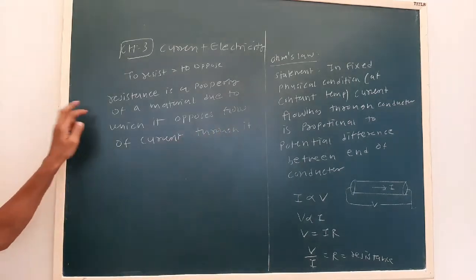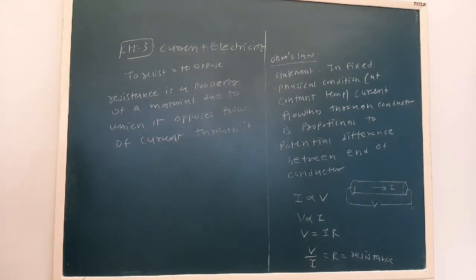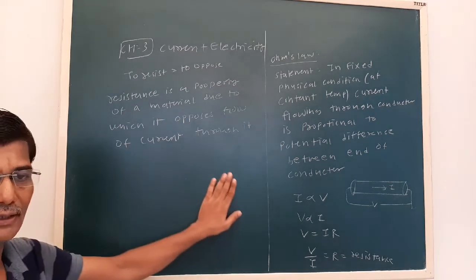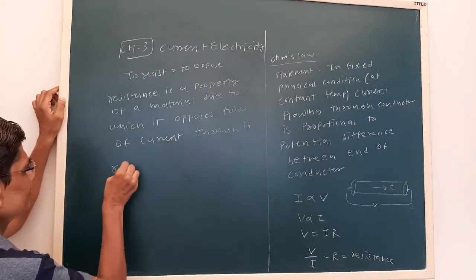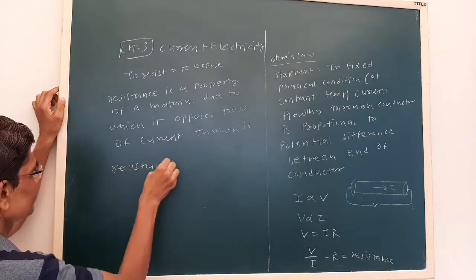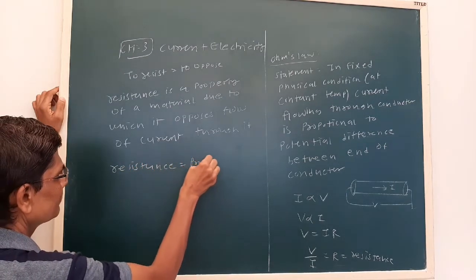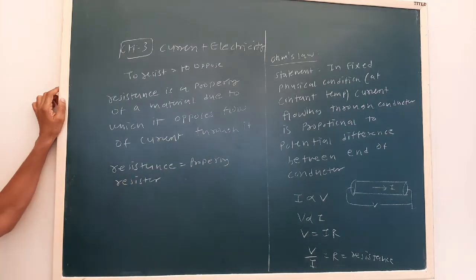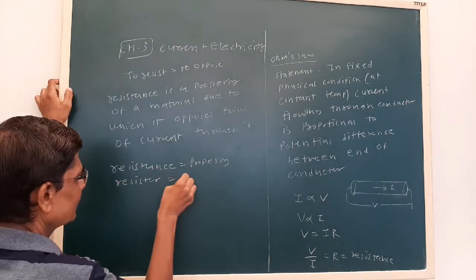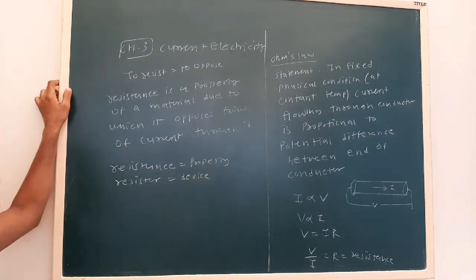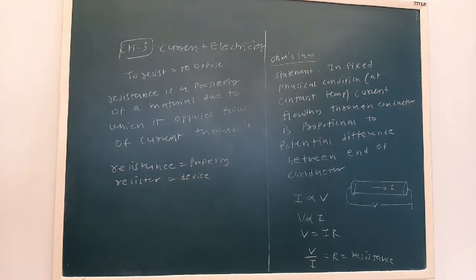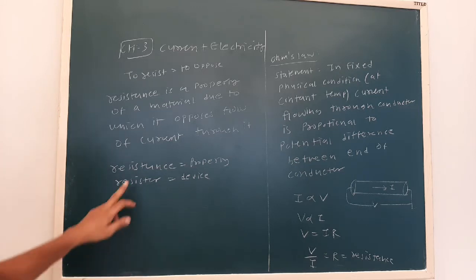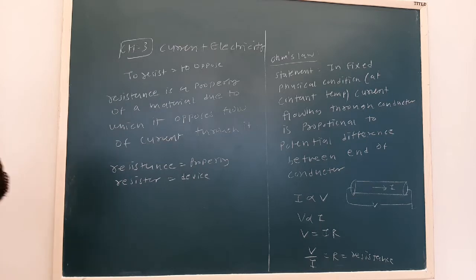The word resistance is a property, and the resistor that we are going to study in detail is a device. We have to remember, resistance is a property, resistor is a device.